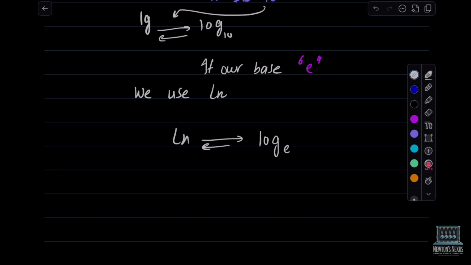So you must know what LG and ln stand for. LG means log with the base of 10 and ln means log with the base of E, which means the exponential constant. You must know the exponential constant.